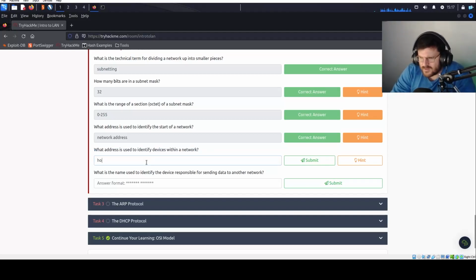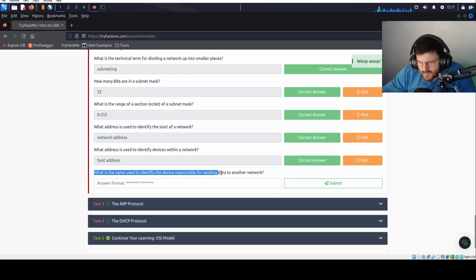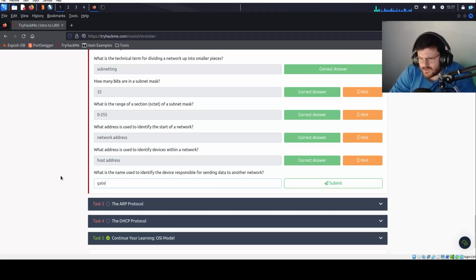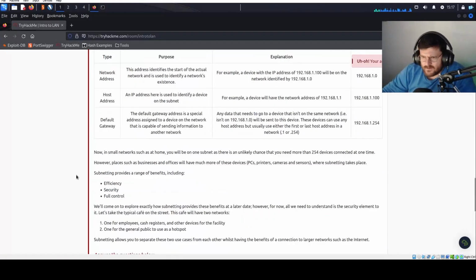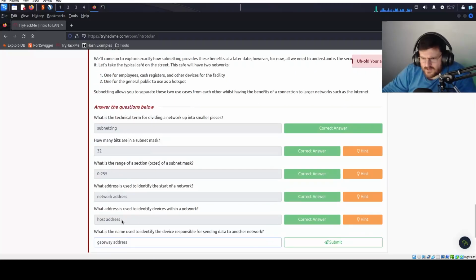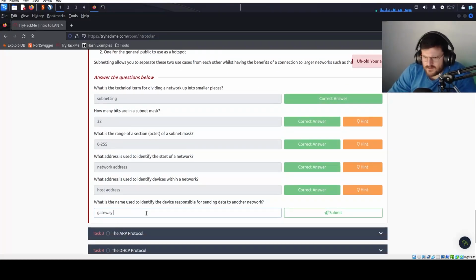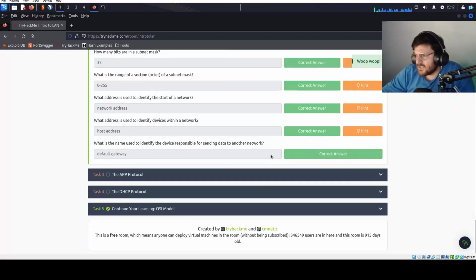Host address. What is the name used to identify the device responsible for sending data to another network? Default gateway.